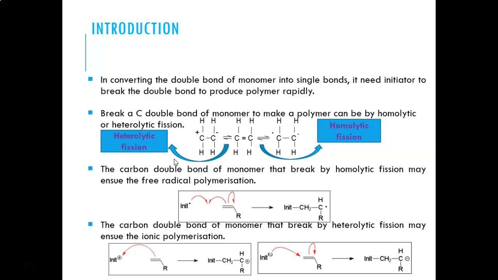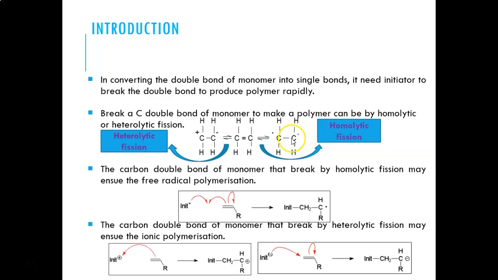So in heterolytic fission, ions are formed. As we can see, the ions here are formed, and one atom takes away the electron pair. As compared to homolytic fission, we can see that the carbon is with the free radical.